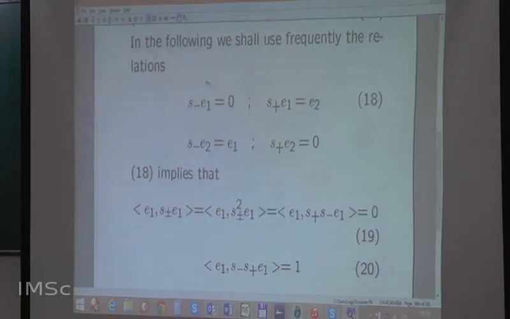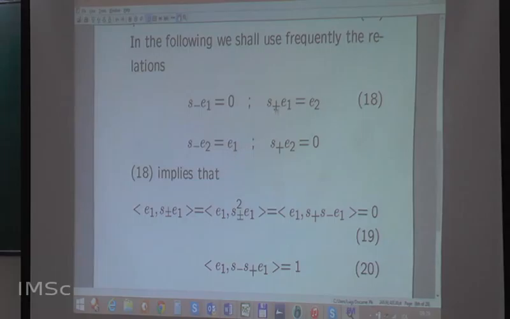So the lower vector is annihilated by S minus, and S minus acting on the upper vector maps it into the lower one.